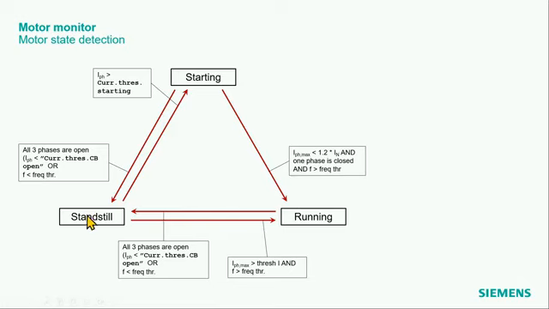For example, if the motor is already running and the relay is switched on, then the relay can detect the motor is running, because normally it will start up and wait and think the motor is at standstill. And if there's current measured and the motor is running, then we can also come here from standstill to running.